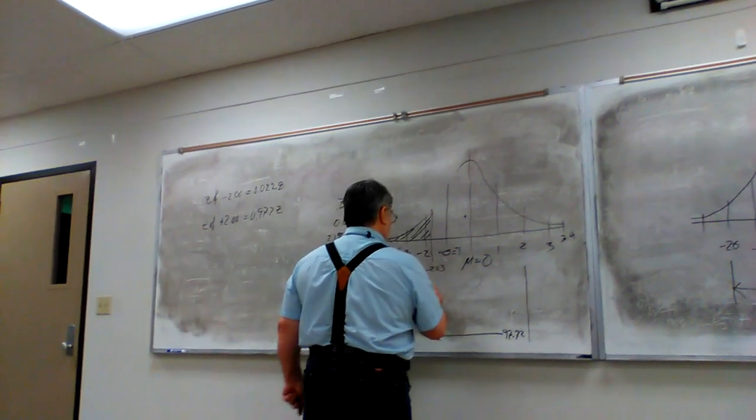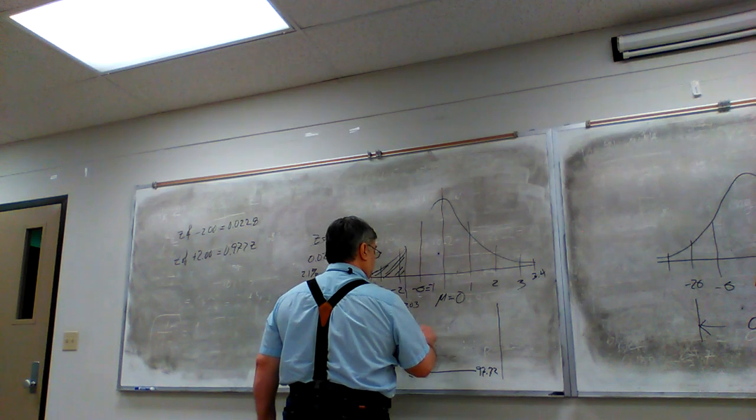So what does that mean? What does that tell us about the percent of the population between these two limits?